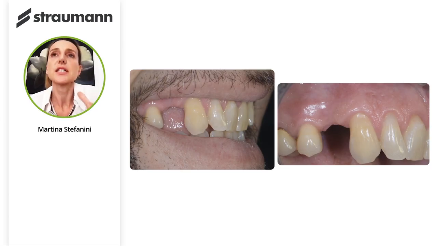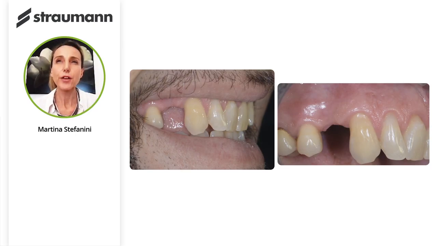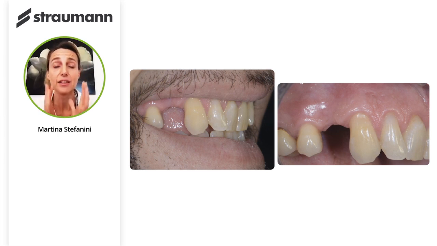And the same concept that we apply for the treatment of soft tissue dehiscence, the same concept we apply in rebuild the right supracrestal soft tissue in height and thickness, should be applied also during implant placement.